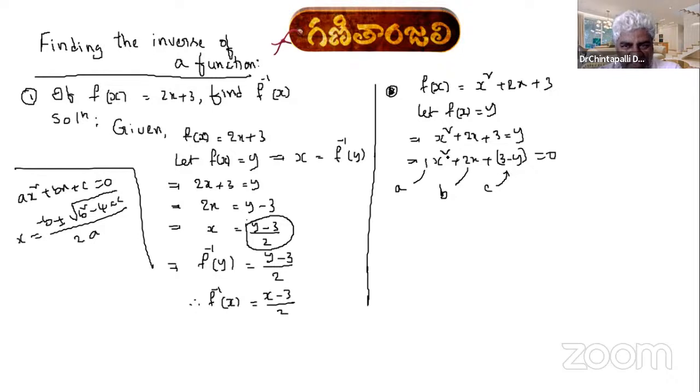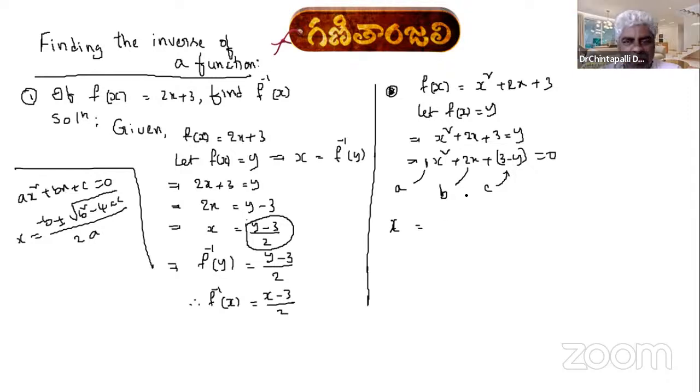But in this context, y is considered a constant, because x is the variable. So a is 1, b is 2, c is 3 minus y. Now we can find x, and that something must contain only y terms, not x terms as before.